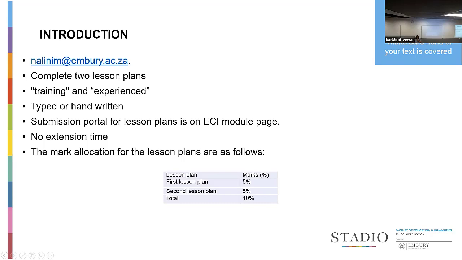This lecture will be based on how you will go about planning your lesson. So let us begin with what is a lesson plan.